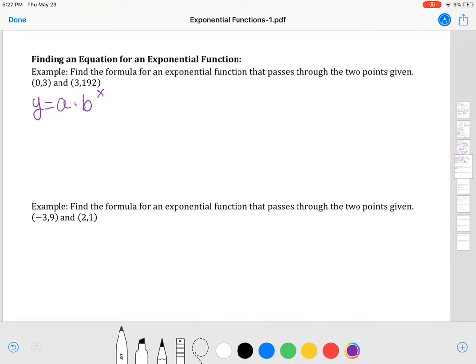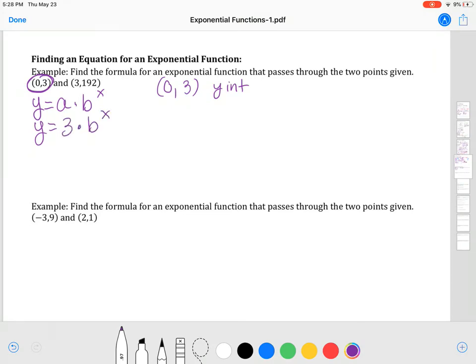If you notice, they give me this point here, (0, 3). (0, 3) is the y-intercept because it's the value of y when x is 0. And we said that our value of a is the y-intercept. So indirectly, they told us what the value of a is. The value of a is 3.